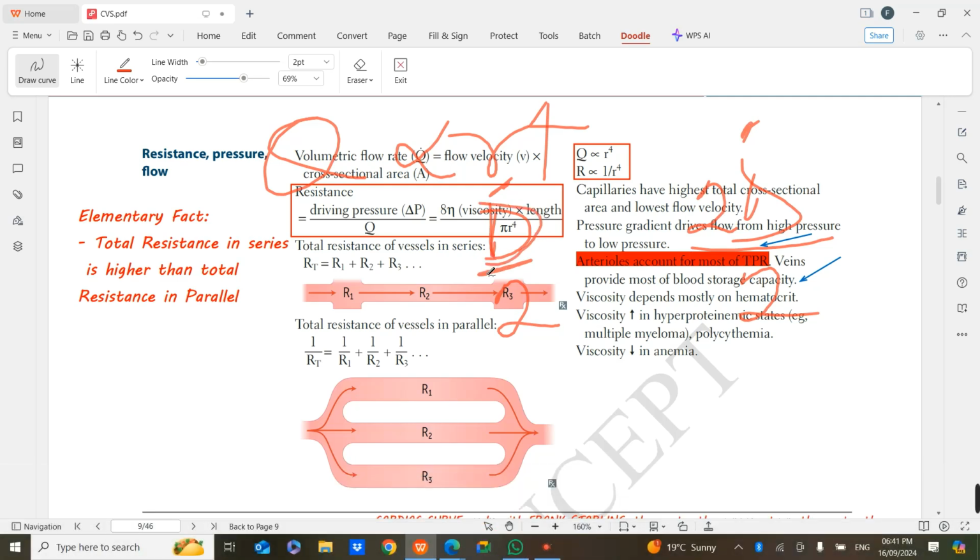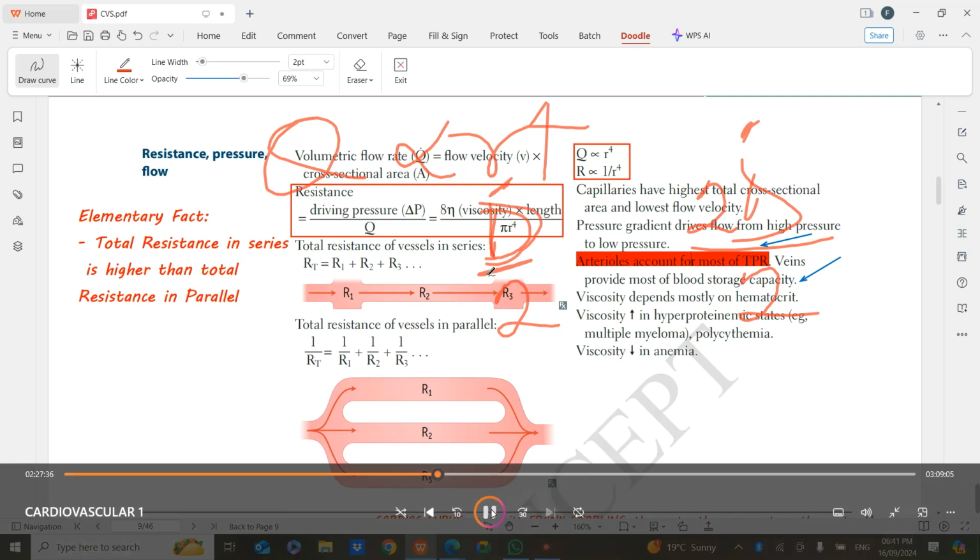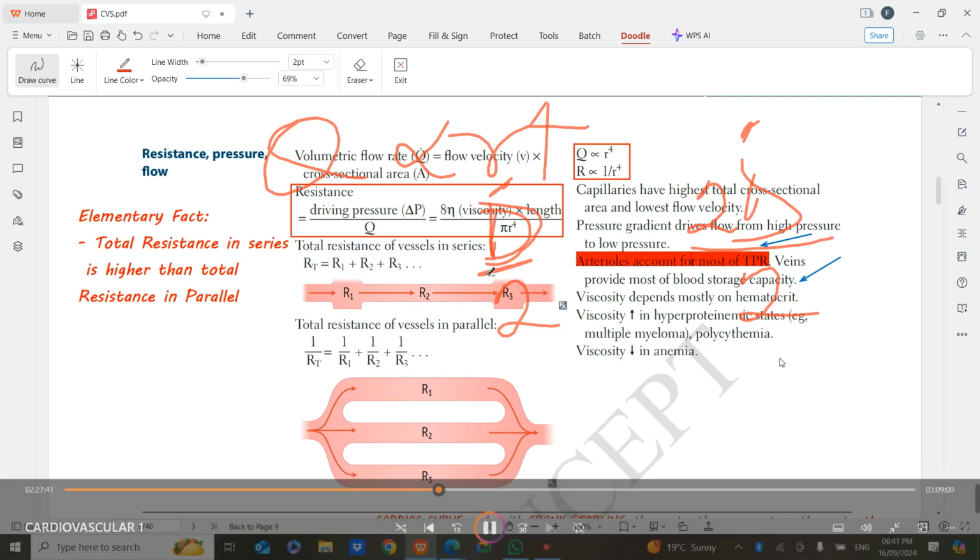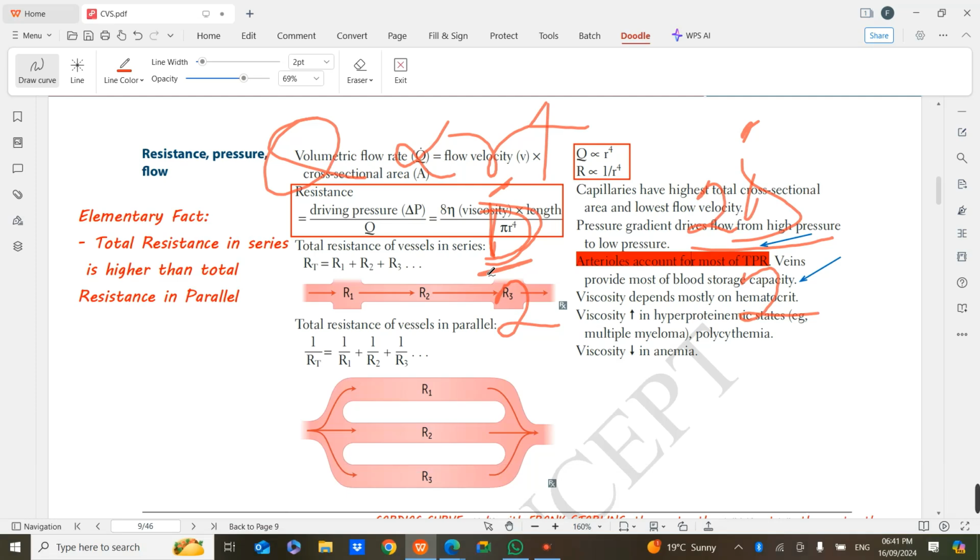My second one, when the drug is given, the diameter is double. So my new radius will be 2D, that double diameter, divided by 2. Let me assume for simplicity's sake that D divided by 2 is equal to R. So if the diameter is double, you will see where I'm going.